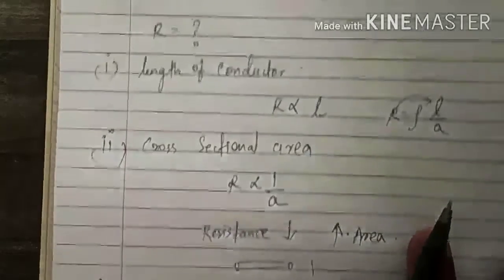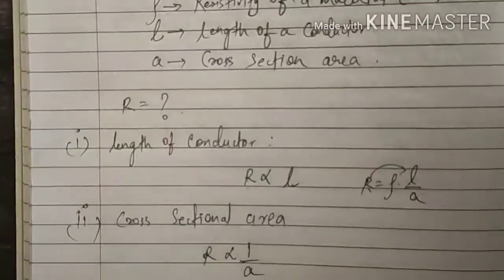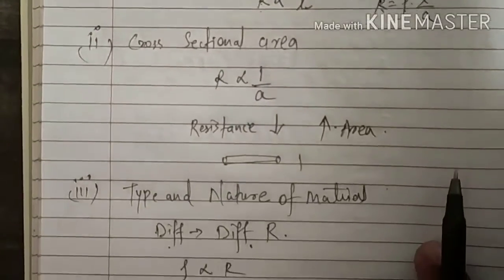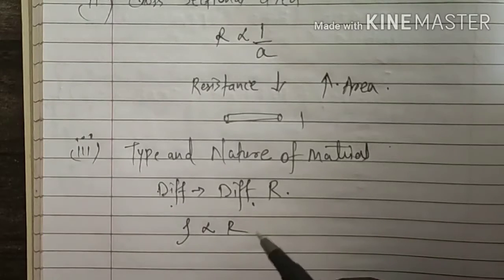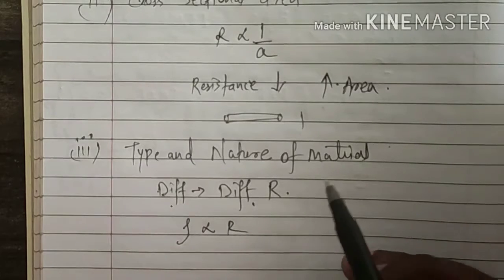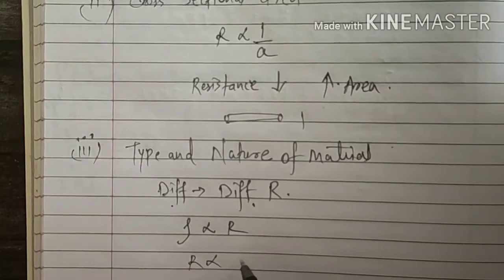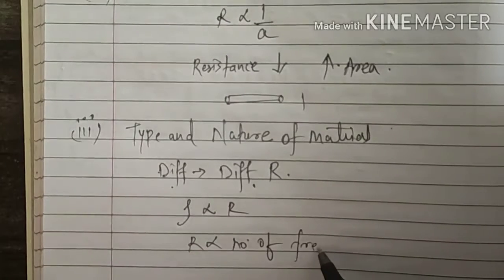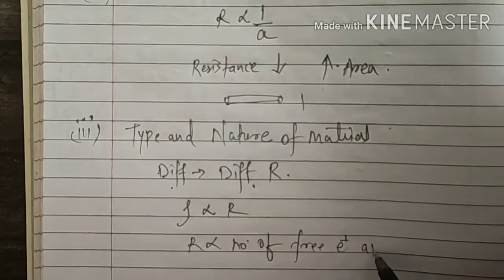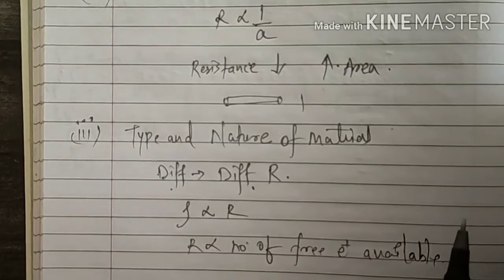From the formula R is equal to rho L by A, the resistance value is completely dependent on the value of resistivity, and it also depends on the number of free electrons available.